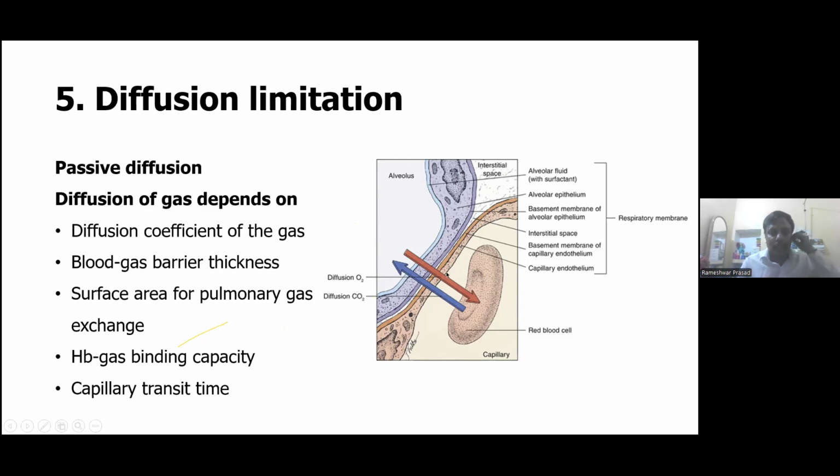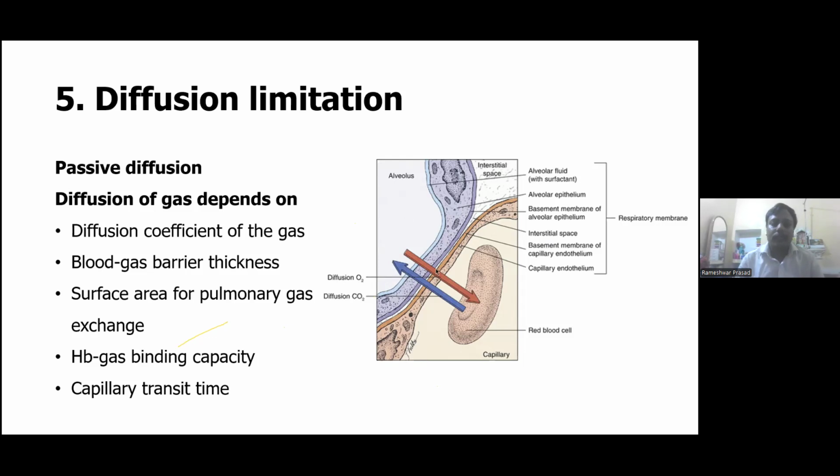Third is the surface area for pulmonary gas exchange. We have seen two scenarios: ventilation perfusion inequality and shunt. If the alveoli are collapsed or distended without perfusion, the ventilation perfusion mismatch is high, and the total surface area of the lung available for gas exchange will be low.